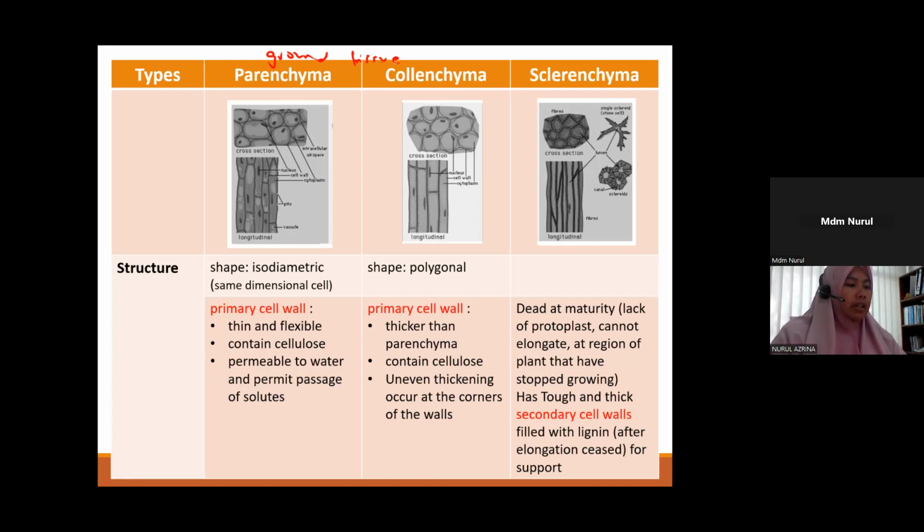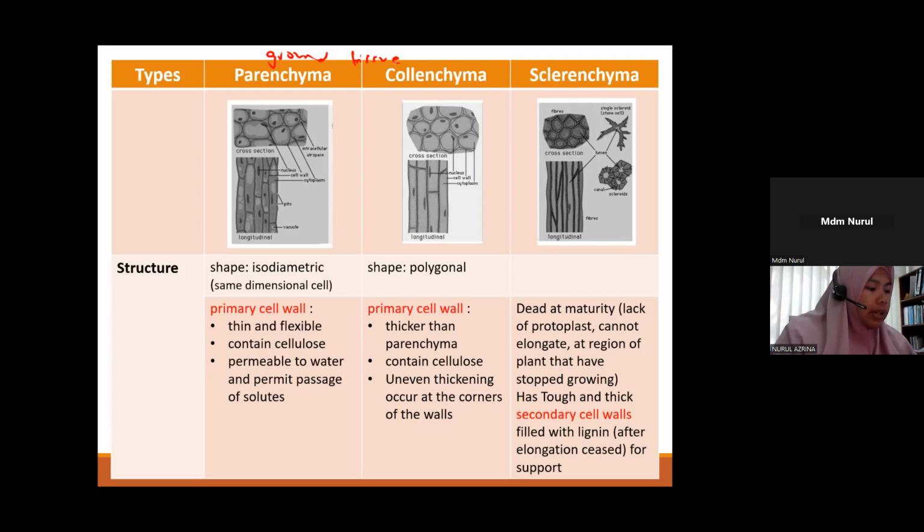The first one is parenchyma, second collenchyma, and the third one is sclerenchyma. I would like to emphasize the importance of pictures in this chapter, tissue. You have to make sure you are able to identify the difference between parenchyma, collenchyma, and also sclerenchyma.